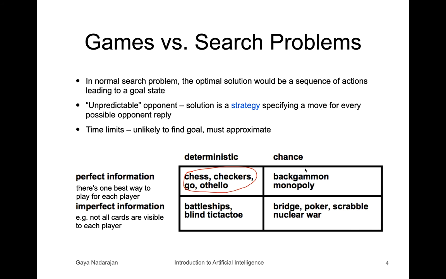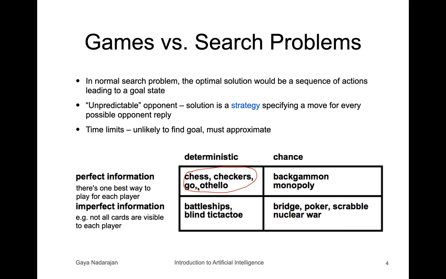These games may or may not be considered perfect information, even though they are here. Some people consider them as not perfect information, like backgammon and Monopoly, because you have an element of chance. You have to throw the dice or something like this, so that brings in this element of chance.